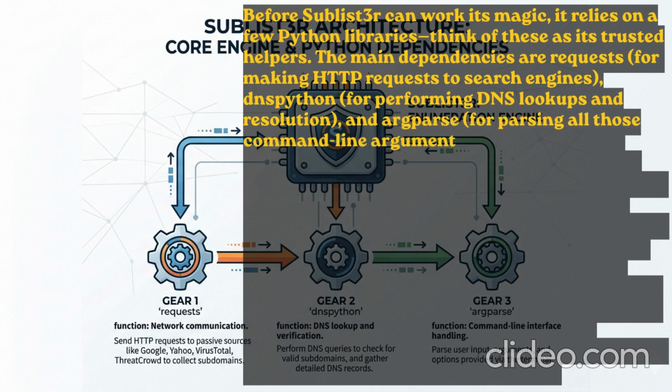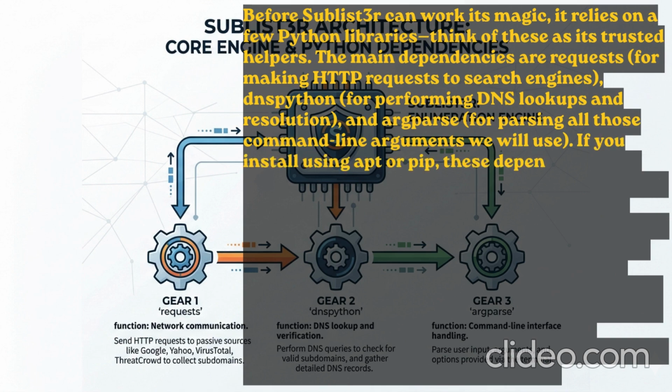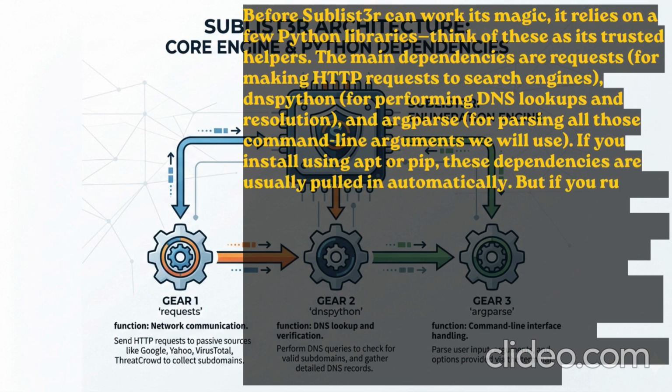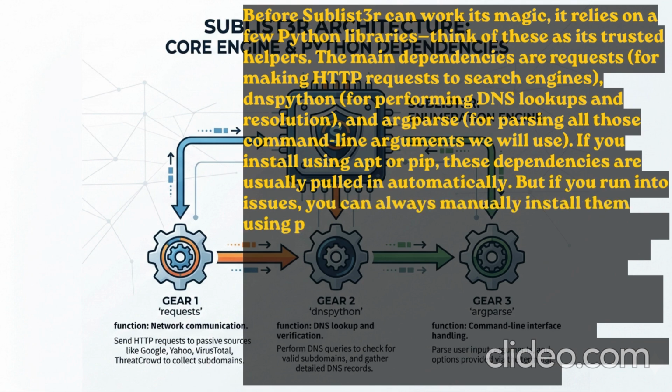If you install using apt or pip, these dependencies are usually pulled in automatically, but if you run into issues, you can always manually install them using pip install requests dnspython argparse.